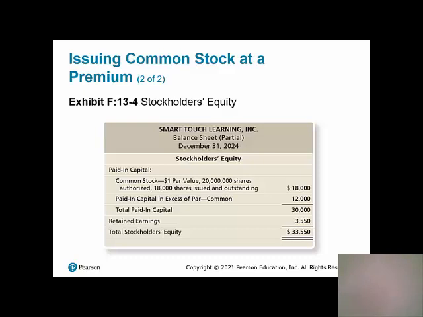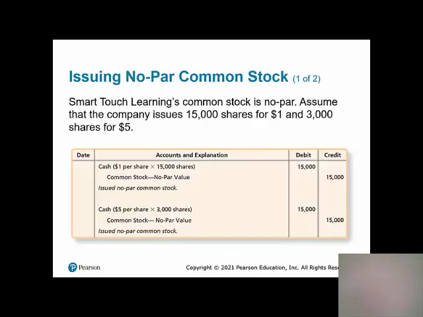Then the difference between what we received and the par value, which in this case would be $12,000, is shown as paid-in capital in excess of par, common. We add those two together to get total paid-in capital, which would be $30,000, and then we're just going to assume that they had retained earnings of $3,550, so total stockholders' equity would be $33,550.